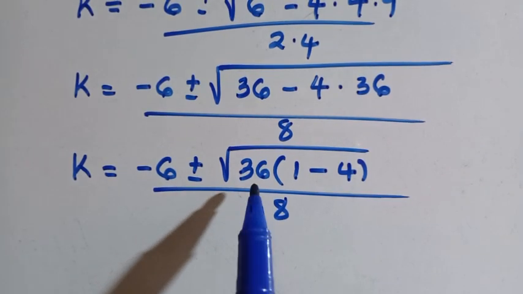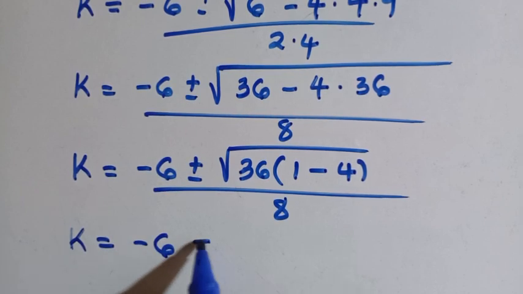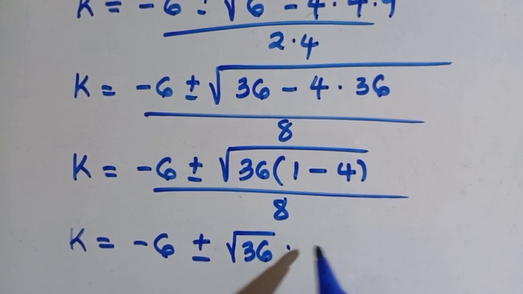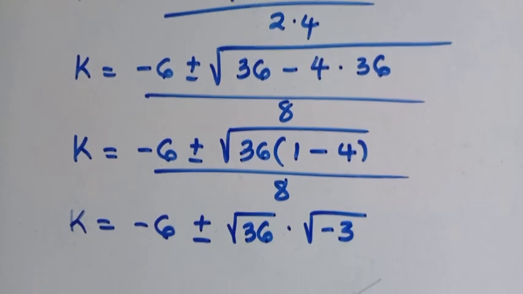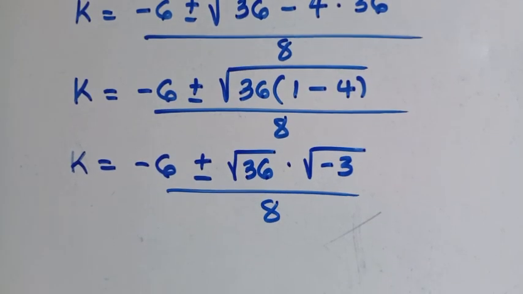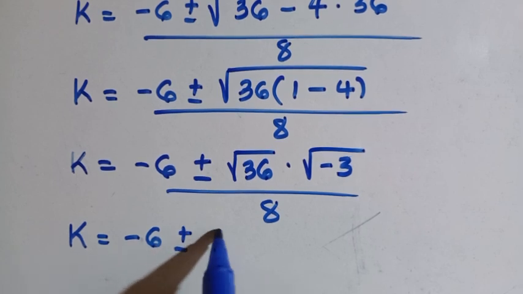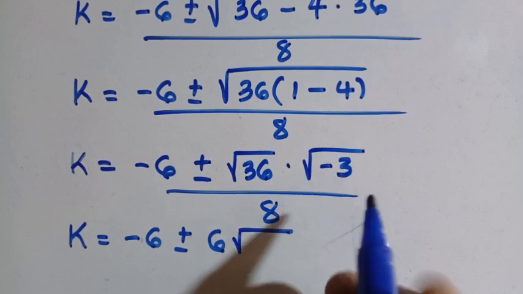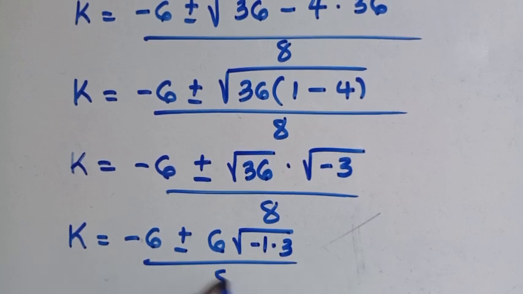Then by separating this, we have k equals minus 6 plus or minus square root of 36 multiplied by square root of 1 minus 4, we have minus 3, divided by 8. But square root of 36 is a perfect square. We have k equals minus 6 plus or minus 6 multiplied by square root of, for this minus 3 we can write it as minus 1 multiplied by 3, divided by 8.